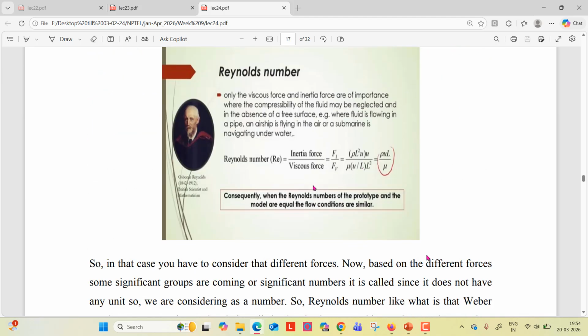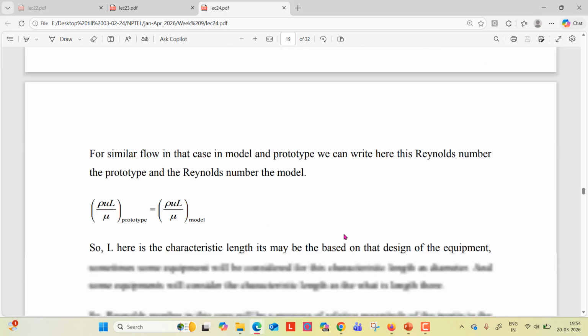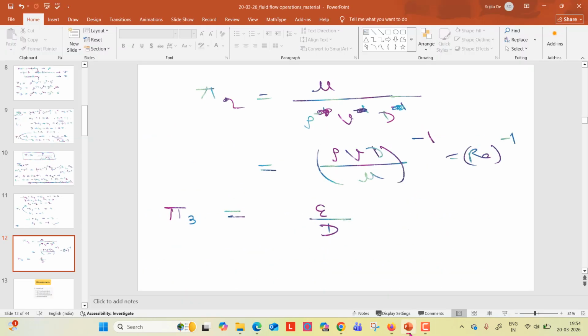Okay. So the Reynolds number also has a similitude. So now let's jump into the question answer section so that you can understand.